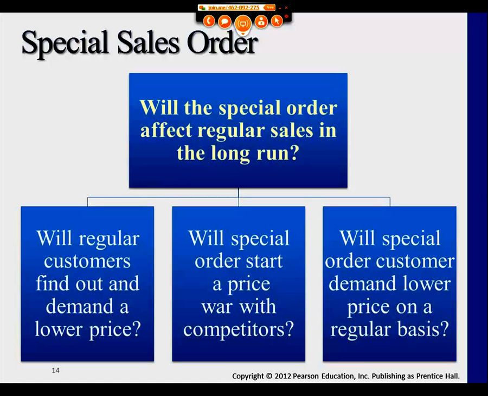Those questions are very important to answer before the decision is made. Will the special order customer demand a lower price on a regular basis? So once we've given that lower price, am I going to expect it the next billing cycle? Are we going to expect the same bill or not? All right.